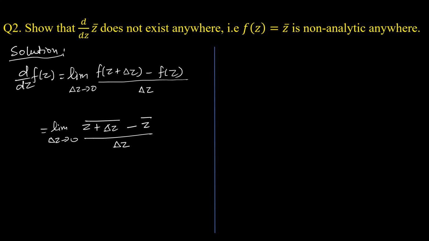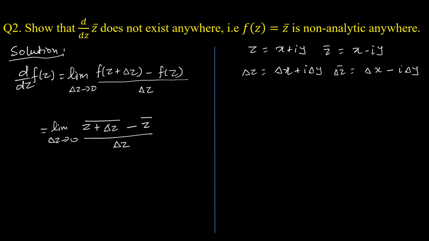Since z is equal to x plus iy, z bar will be x minus iy, and del z will be del x plus i del y. So del z bar can also be written as del x minus i del y. Having this rough work, otherwise you can write it in the answer also. So it will be del z tends to 0.